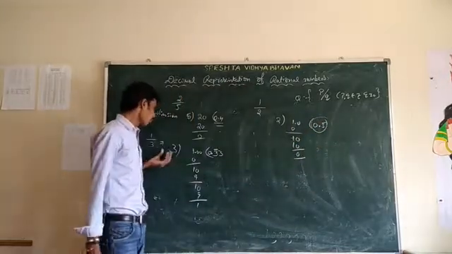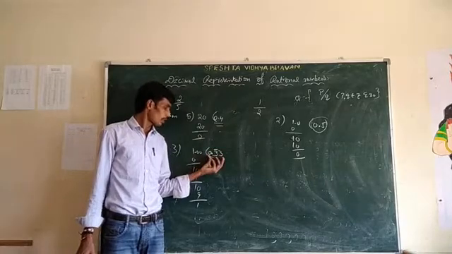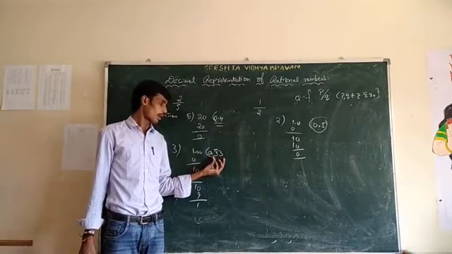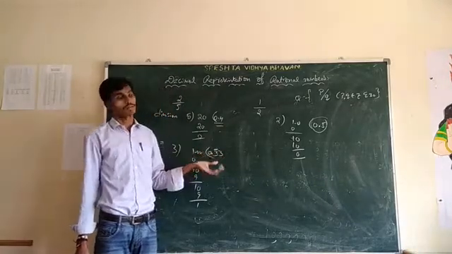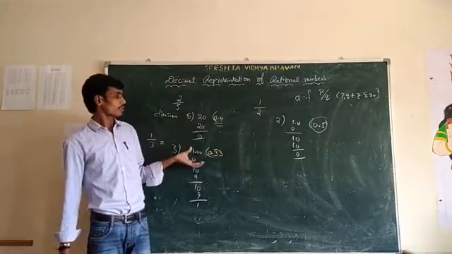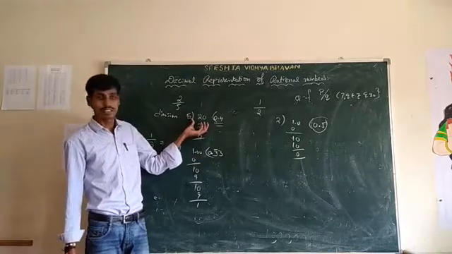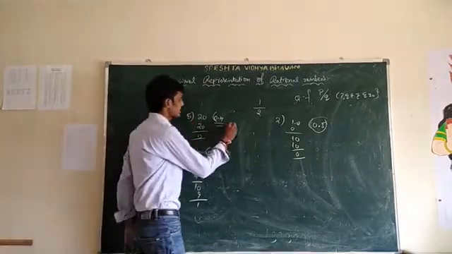But coming to 1 by 3, the decimal digits are repeating. These are called non-terminating repeating. And this is called terminating.